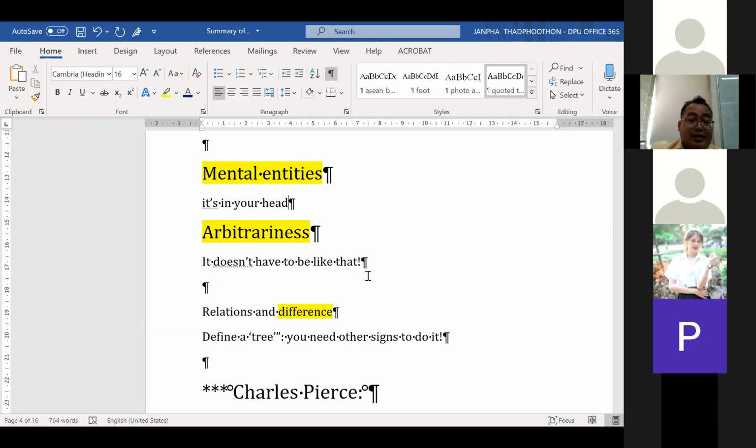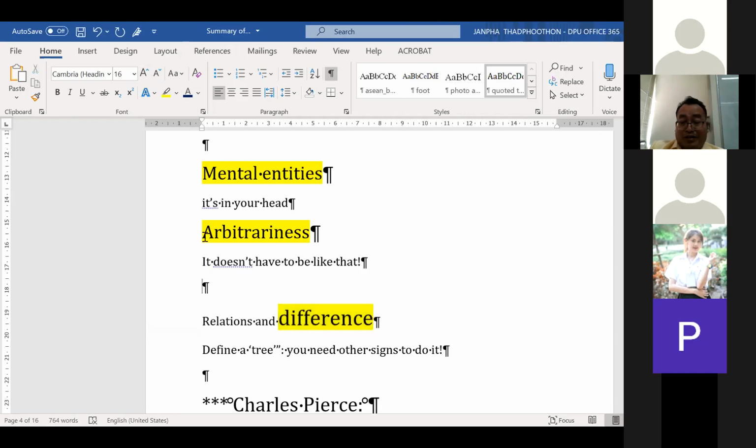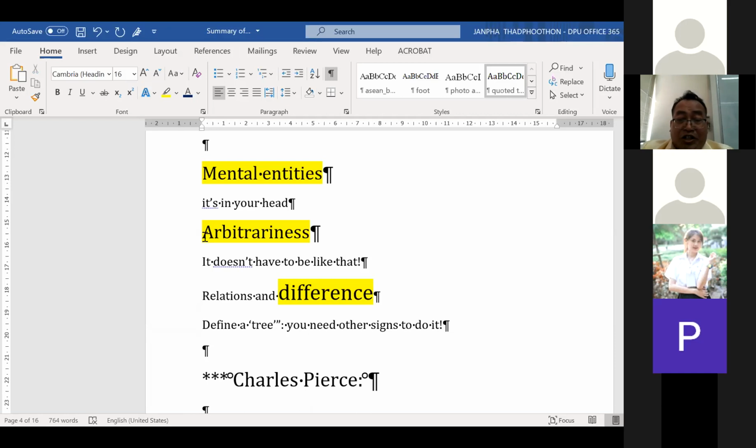And the concept of difference, or what the French call différance, means that you need other signs to do it. For example, if I ask you what a tree is, in order to answer the question, you need other signs, other symbols, to do it.